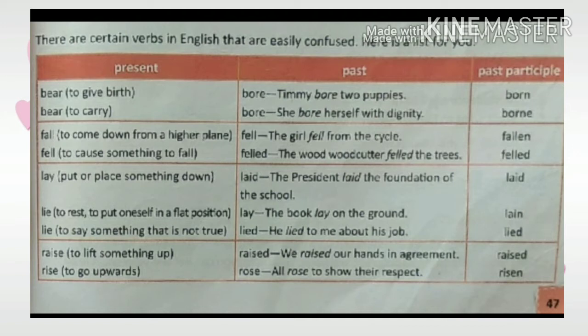So please take these words and study by yourself. You have to learn it by heart. Other than that, there is no other way. You have to learn by heart the meaning and also the past and past participle. This will always confuse us, but once you study, it will help you. And the next exercise is based on that. Please do it after going through it.